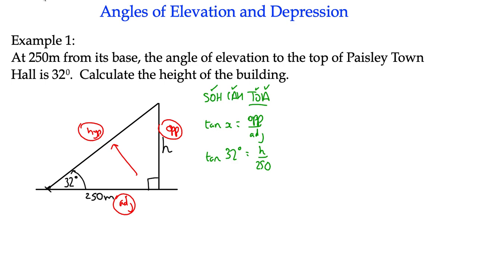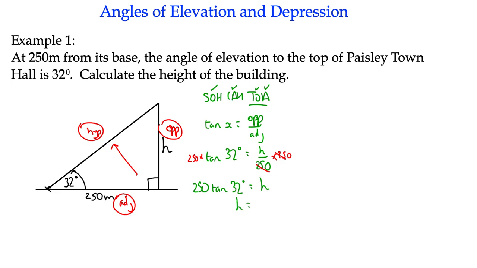The fraction is divided by 250, so multiply by 250 on both sides. That will cancel the 250s out. So I've got 250 multiplied by the tan of 32 degrees is equal to h.